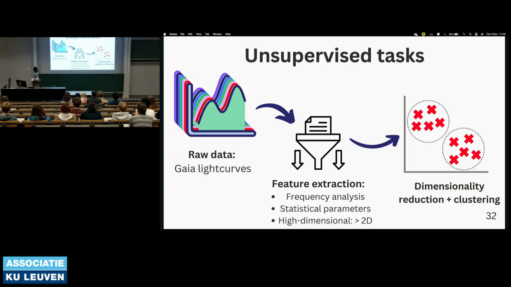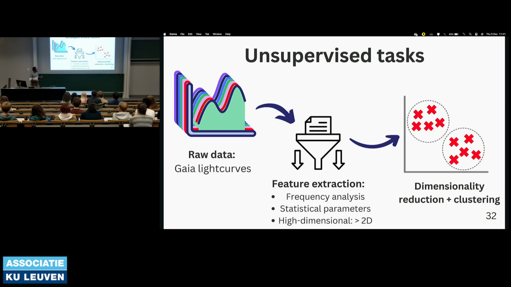So the first step is to extract our data, and of course we use Gaia light curves here. The next step is to extract features, which mainly consists of determining the dominant frequency and extracting statistical parameters.